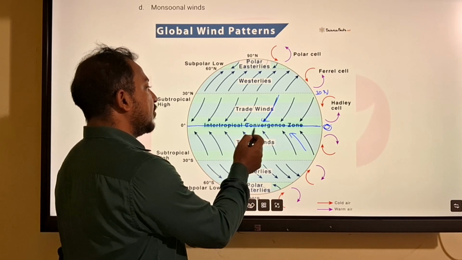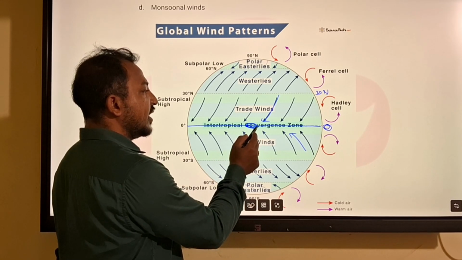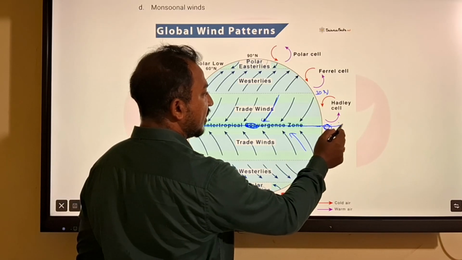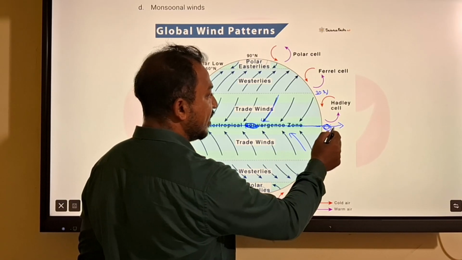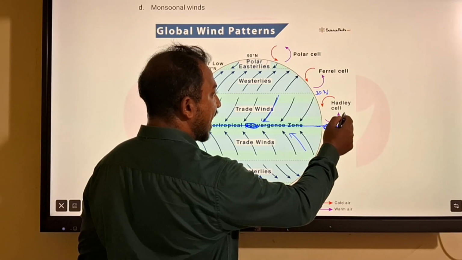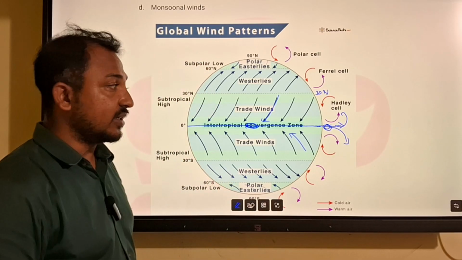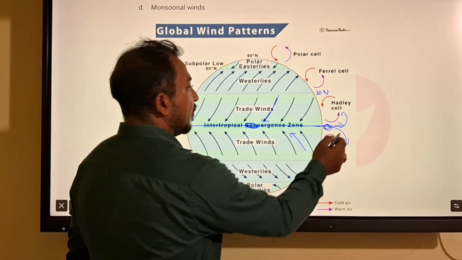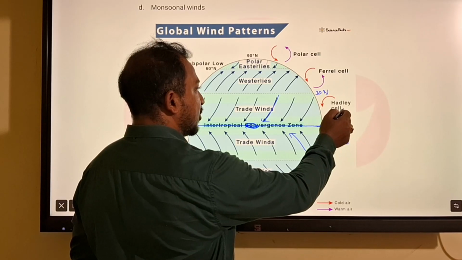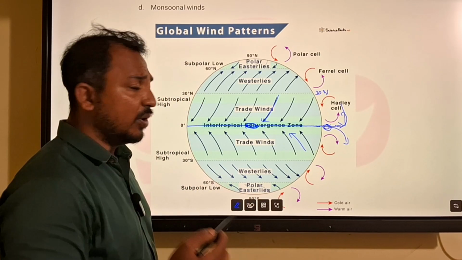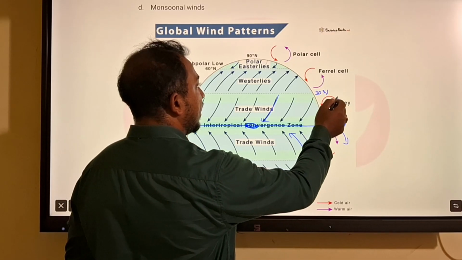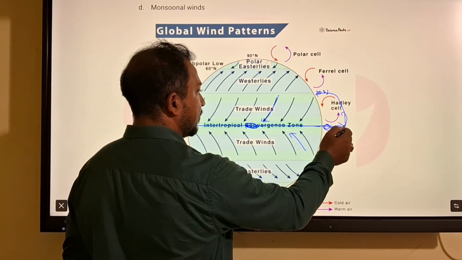So when this part receives more heat, then it rises upward. Then they diverge towards the north and south regions. So they gradually diverge in the upper atmosphere. Then they gradually become heavier, cooler. At 30-degree latitude, they again descend.